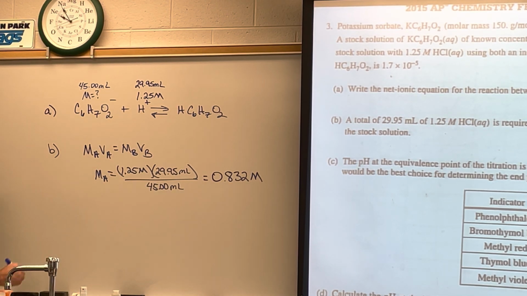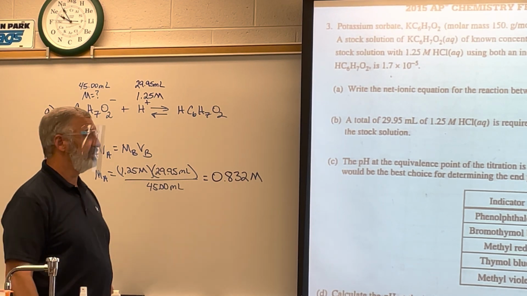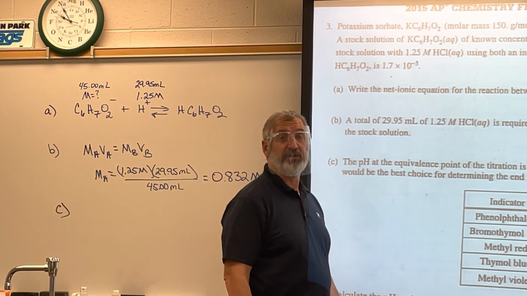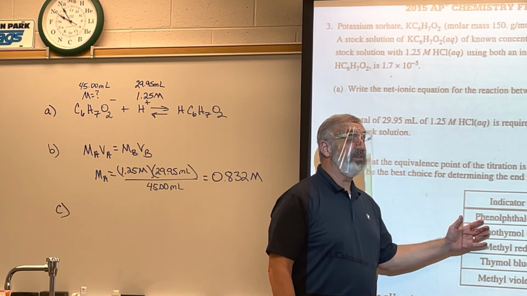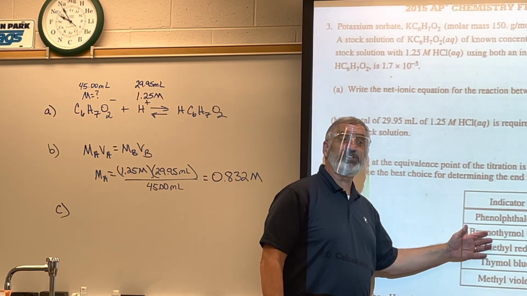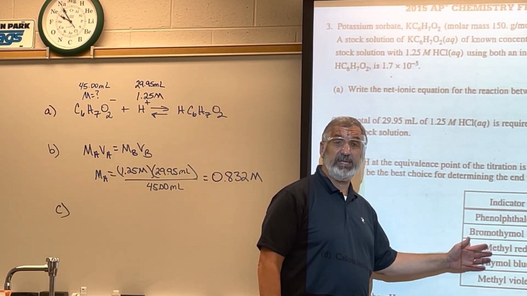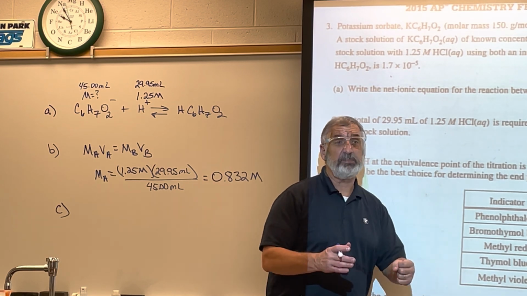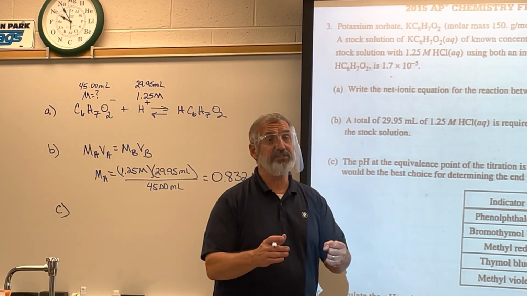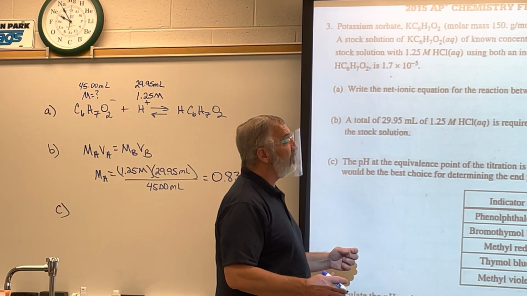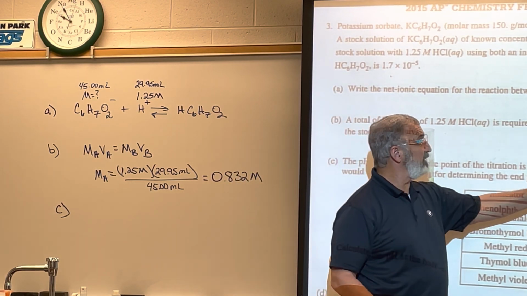All right, now C. Here we haven't talked about C yet, but let's go ahead and just talk about C. We want to pick an indicator. These indicators are actually weak acids and weak bases, and so it just depends upon which one is in greater concentration. You always want to find the pK for the best indicator.